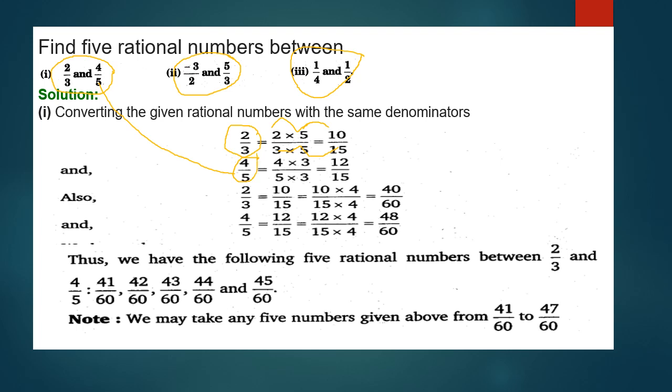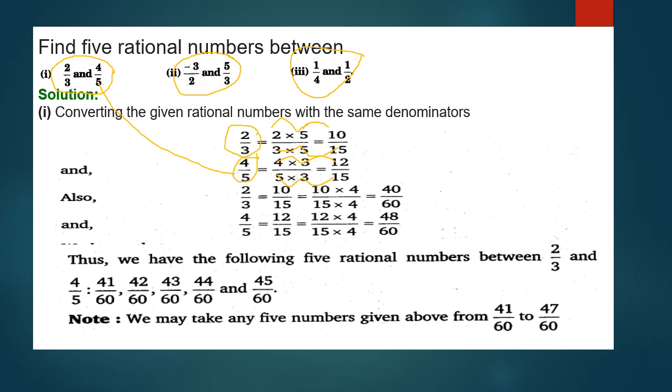Here we converted the denominator 3 into 15. Let us make the denominator 5 also 15. To make 5 into 15, we want to multiply with 3, so multiply the numerator also with 3. 4 threes are 12, 5 threes are 15.